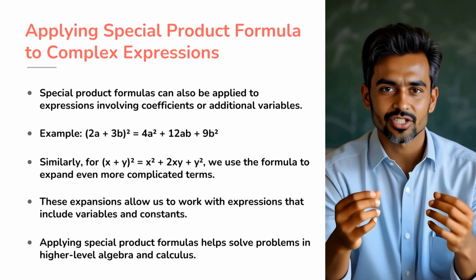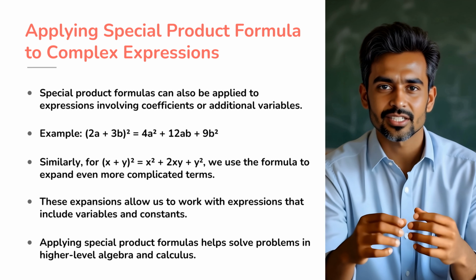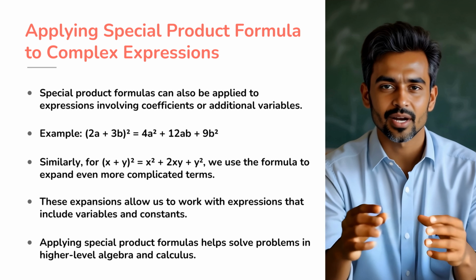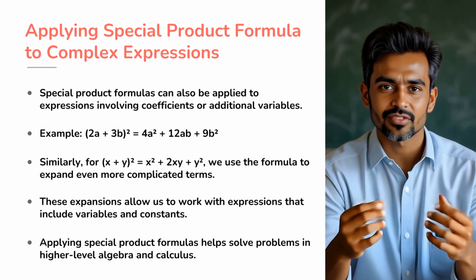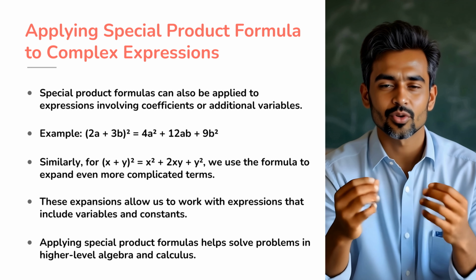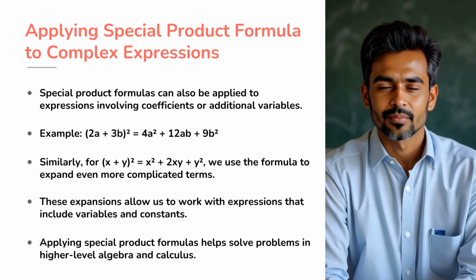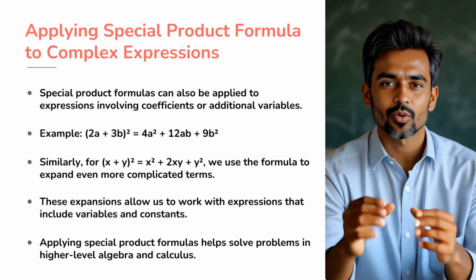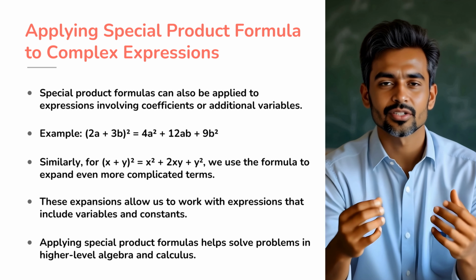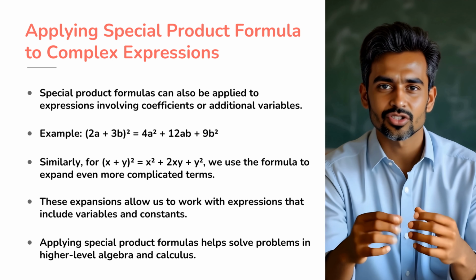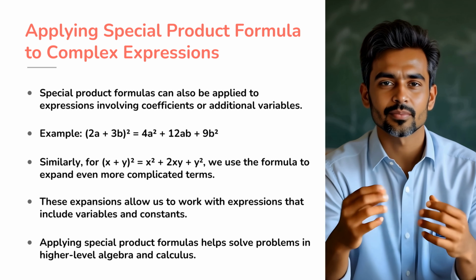Similarly, for expressions like x plus y whole squared, we use the same identity and get x squared plus 2xy plus y squared. These kinds of expansions are especially useful when dealing with a mix of variables and constants. By mastering special product formulas, we gain the ability to simplify complex expressions, a skill that's essential for solving higher-level algebra and even calculus problems.